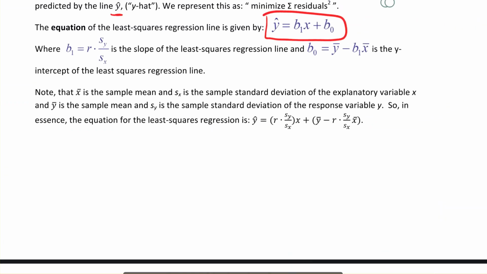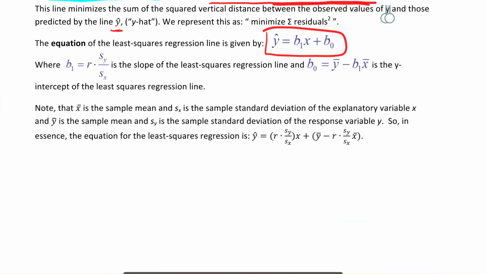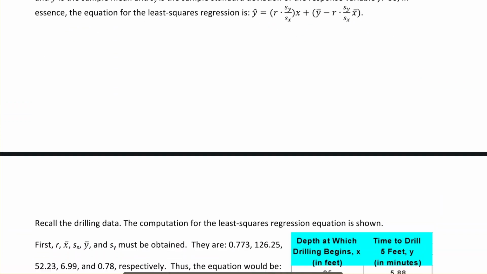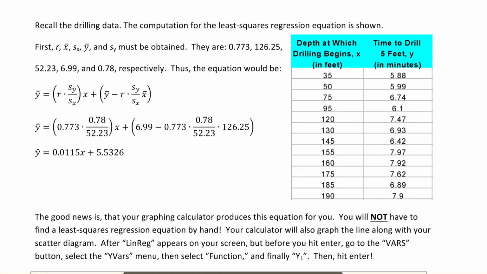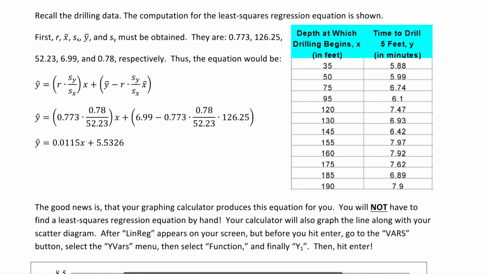So again, here I describe how to find it, using the R value and the standard deviation. But again, you will not be finding this equation by hand. It's more focusing on how to use it once we find the equation, or once we have the given linear regression line, the least square regression equation given.